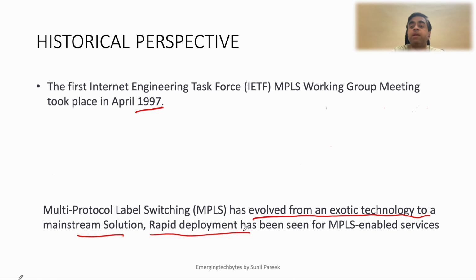Rapid deployment has been seen for MPLS enabled services. Right? I have already told you, if somebody is deploying MPLS just for the speed, because a labeled packet can be switched faster, no, it's not a benefit. It's a bogus benefit. But the real benefit is this, and we will focus more on this in a few lectures.